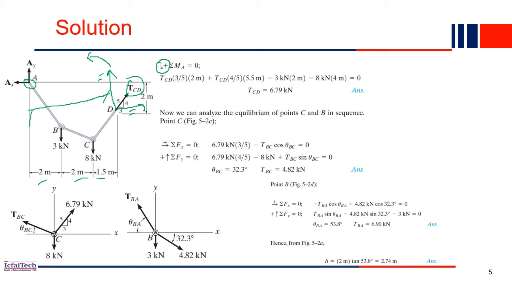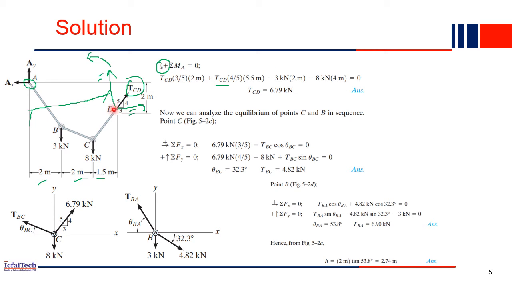That's what is given here. TCD, and the slope of this line is 4 by 5, which will be sine theta. So this is the sine component of TCD, and the total distance is 5.5. So this entire value is the moment generated because of the vertical component of TCD. This moment is anti-clockwise, that's why the sign is positive.